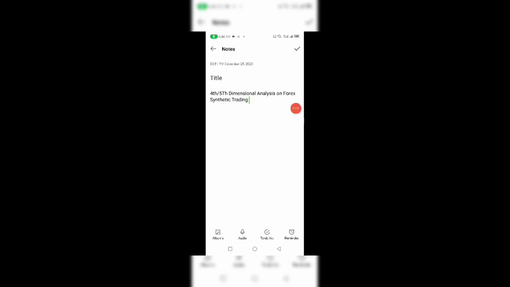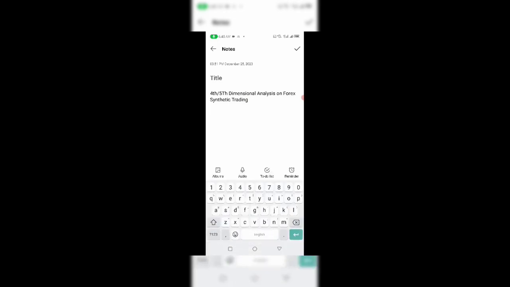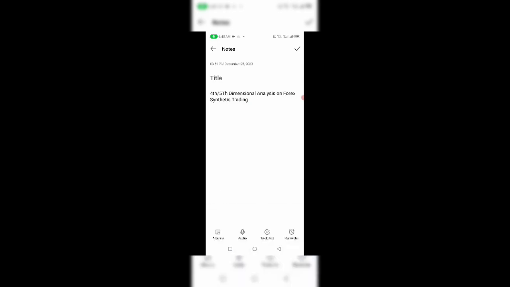So if you really want to make a reasonable profit on a consistent basis, then you should be running your analysis using the fourth and fifth dimension, meaning that you are standing on the fifth dimension, the 4 hours, to determine the controller in the market and the overall direction of the market, and you go to the fourth dimension, which is the 30 minutes time frame, to get your entry.